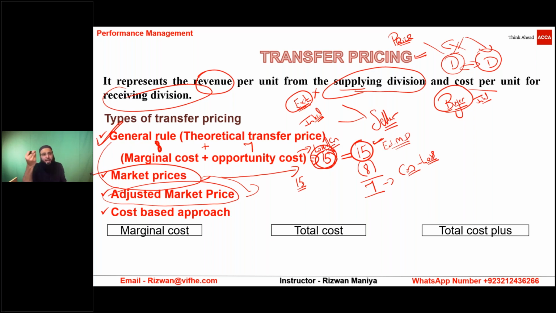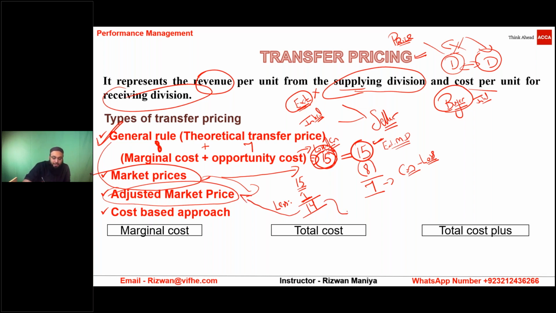So one favor I can give you is I can deduct this saving of packaging and distribution cost, let's say of $1, because this is a genuine saving I'm having by not selling externally. This is known as adjusted market price.